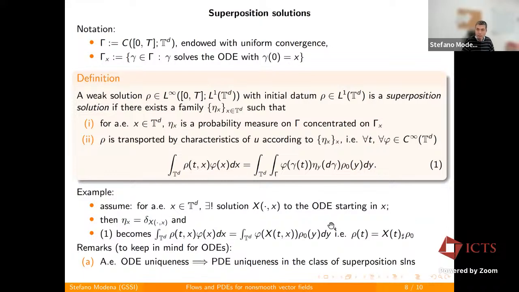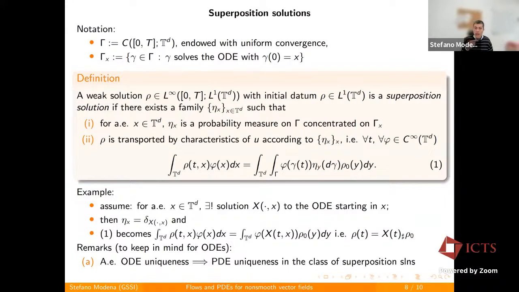And this means that any superposition solution must be given by this formula, which in particular means that you have PDE uniqueness in the class of superposition solutions. So the almost everywhere uniqueness for the ODE implies the PDE uniqueness in the class of superposition solutions.